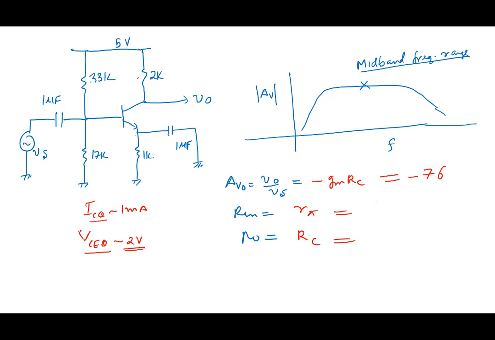And R pi of 2.6K, and output resistance RC of 2 kilo. Right? These values, okay? 76 is okay, 2.6K and 2 kilo.